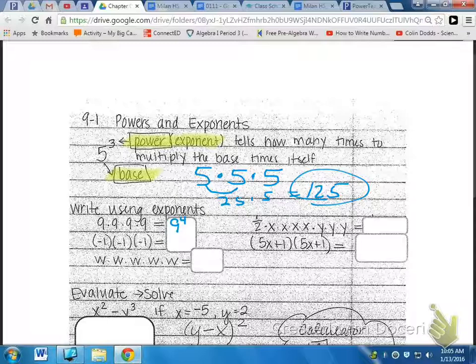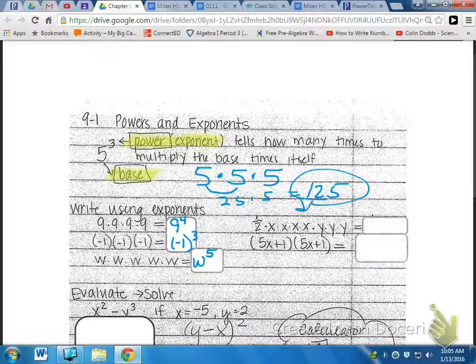First of all, it's in parentheses because of the negative, but what would we write, Trayton? -1 to the third. Okay, the same thing's going to be true of variables. W times W times W times W times W. Shane? W to the 5th.